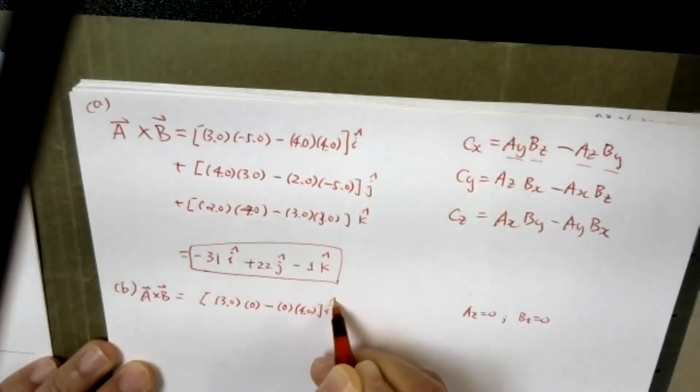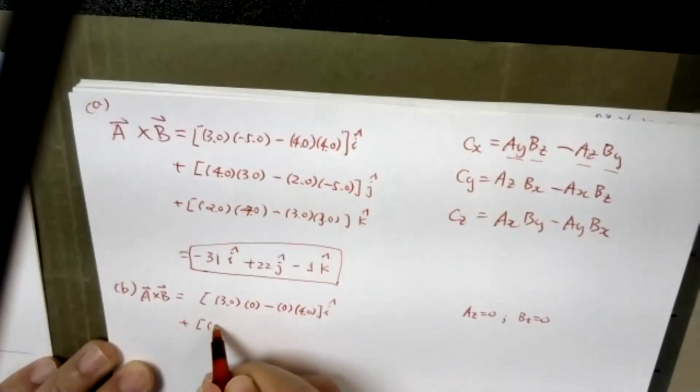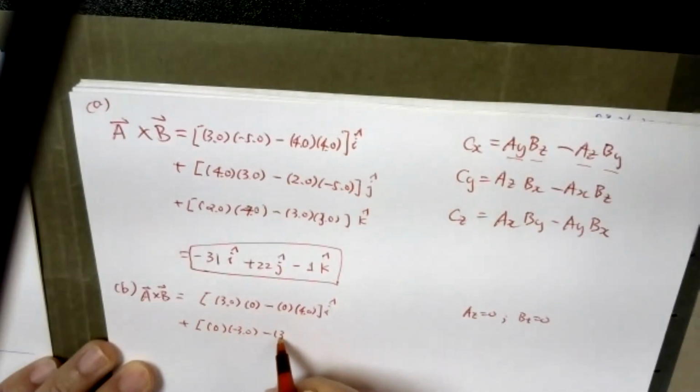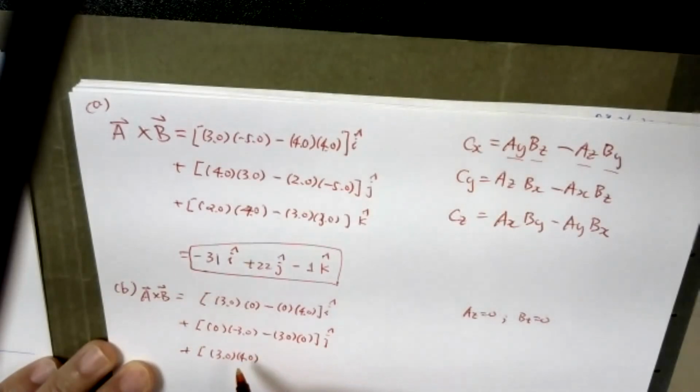Okay, that's the i direction, plus, now Az is 0, minus 3, okay? Minus Ax is 3, Bz 0, okay, j, and then plus the k direction: 3 times 4, minus 4 times 3, okay, in the k direction.